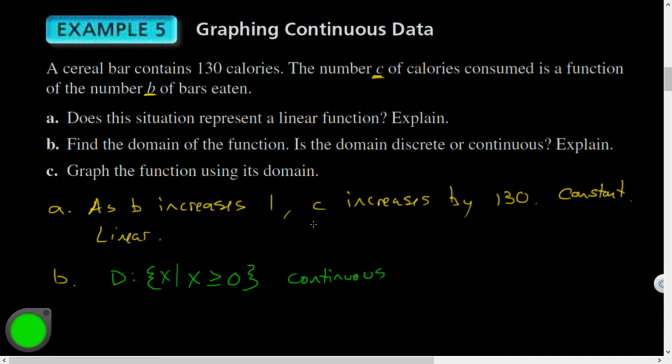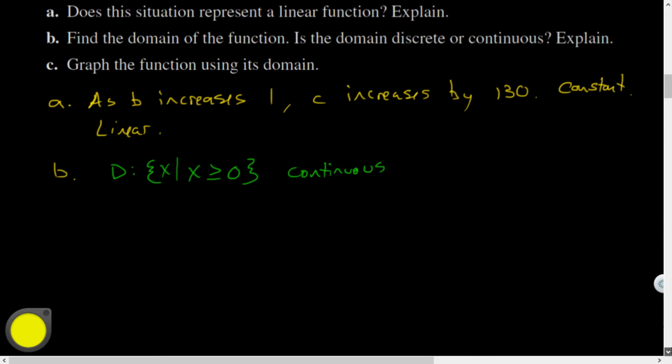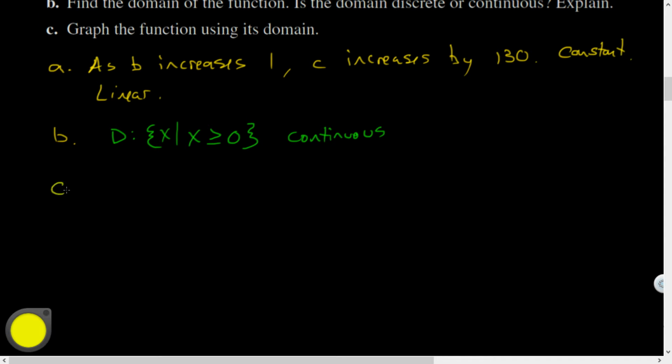Okay, all right, so let's look at part C. Let's make this input-output table. Part C, and then we're going to graph it. Let's see, so I'll have x, I'll have y. There's really not much work to do in this case. So I could have 0. We'll pick some values. Actually, we'll pick the same values we did last time. And so if I eat 0 cereal bars, how many calories would that be? 0.